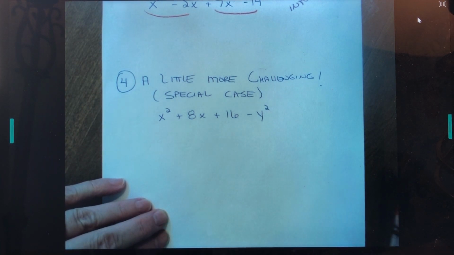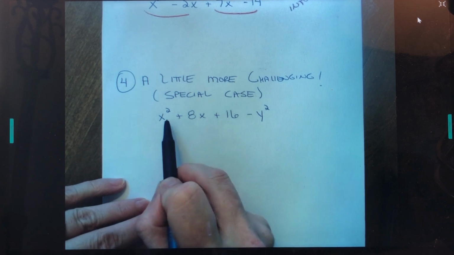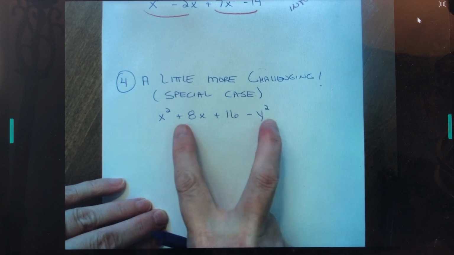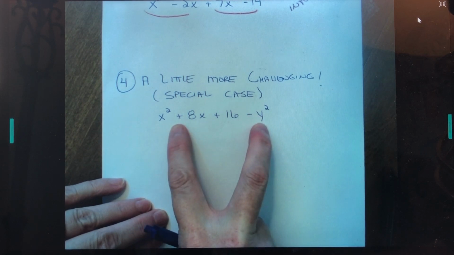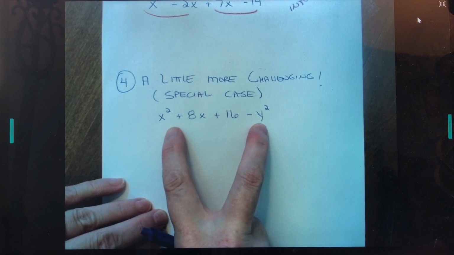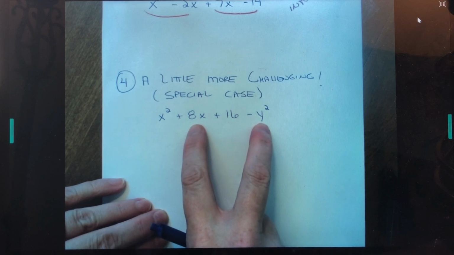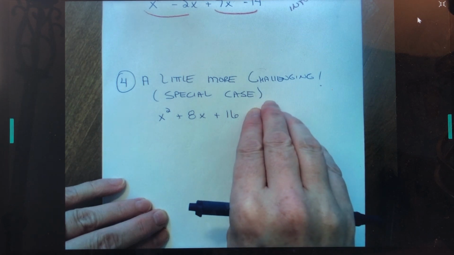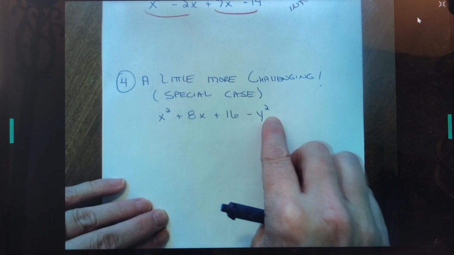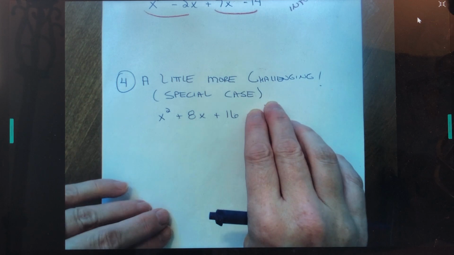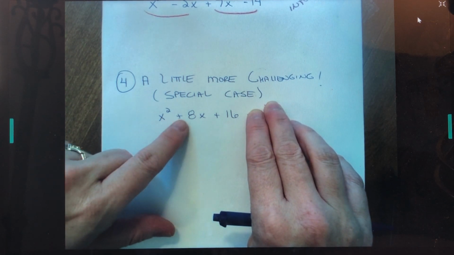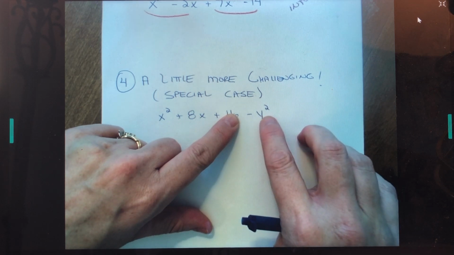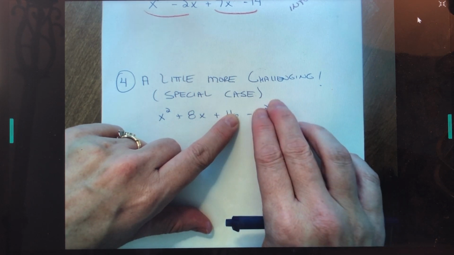But what you want to think about here is this is a four-term polynomial, but because I see these different variables, that may strike me as a little bit odd. And so one thing to consider is, is it possible that it's a trinomial with an extra piece? And this is the case on this one. This is actually a trinomial using the variable x, and then I have a second variable here.